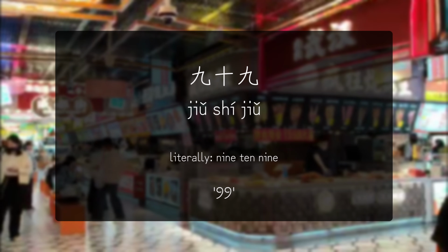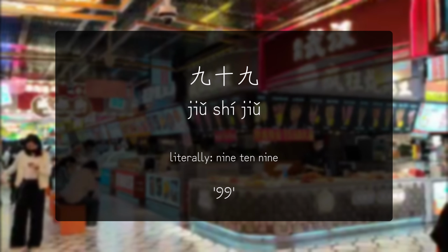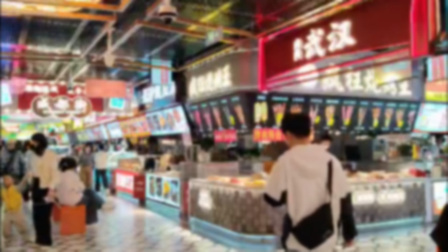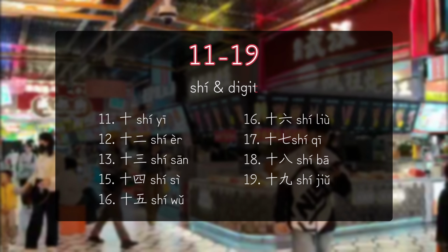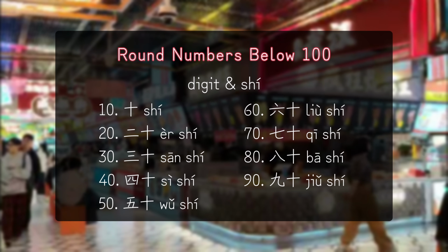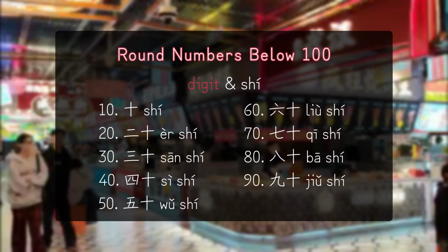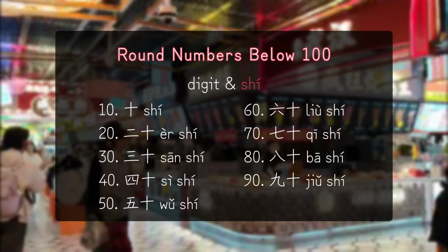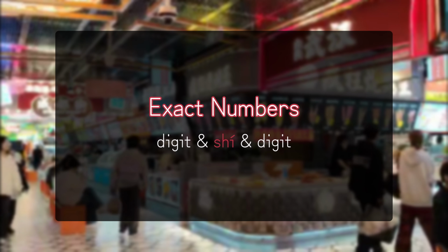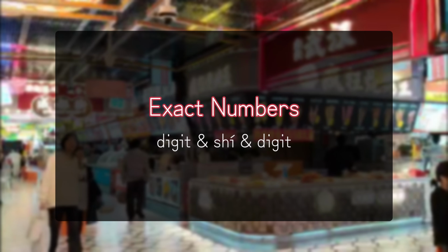For example, 99 is 九十九, which is 9, 10, 9. Let's review the pattern. 11 to 19 is 十 plus digit. Round numbers below 100, like 20, 30, 40, and so on, are digit plus 十. For exact numbers, it's digit plus 十 plus digit.